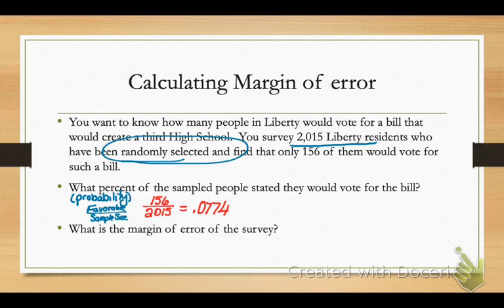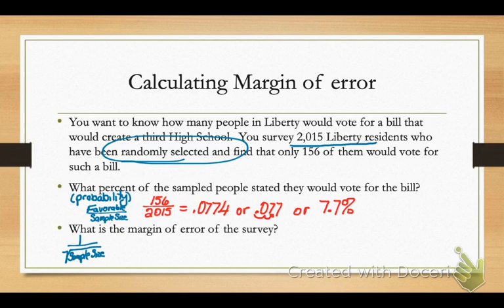So I'm going to write down 4 decimals and then round appropriately. Since it's 4, I'm not going to round up, so I'm going to round that to 0.077, and then I'm going to change it to a percent, because margin of error is always expressed as a percent. And to do a percent, you move your decimal 2 places to the right, and I get that this is 7.7%.